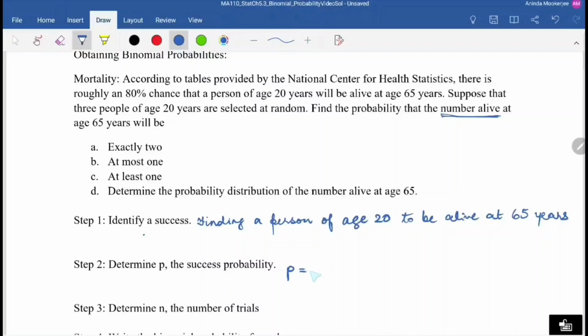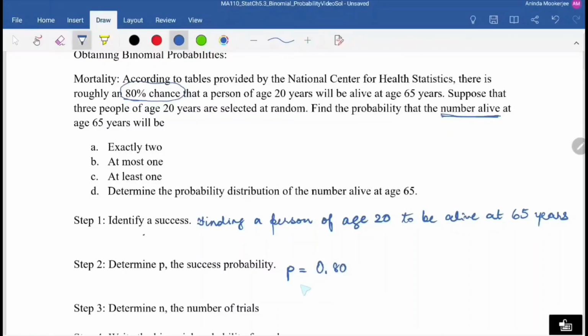Keep in mind the probability has to be a value between 0 and 1, right? But here we don't have a value between 0 and 1. Instead, we are given an 80% chance, a chance in percentage form. So you can always convert the chance in percentage form to decimal, which is divided by 100, and that's your probability value. So P is going to be 0.80.